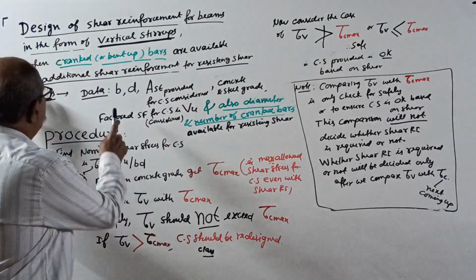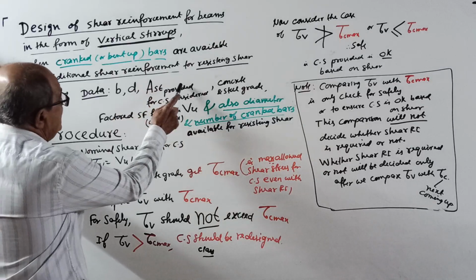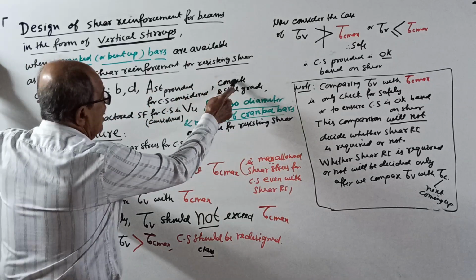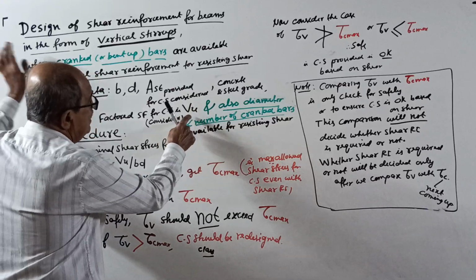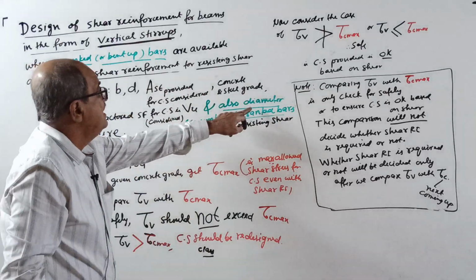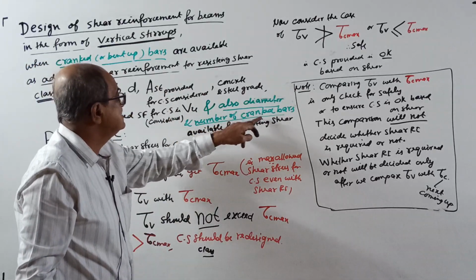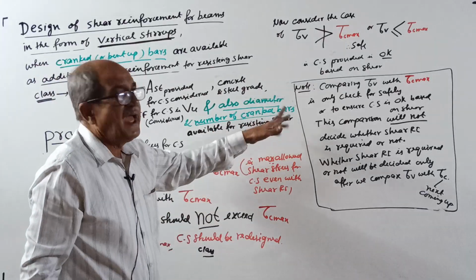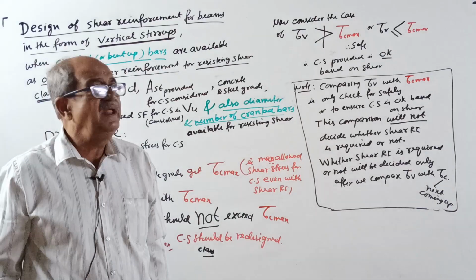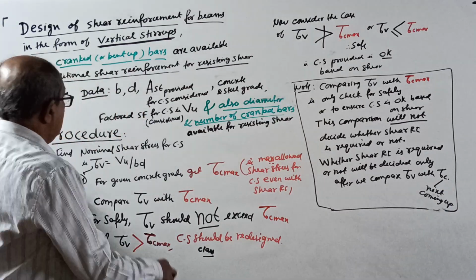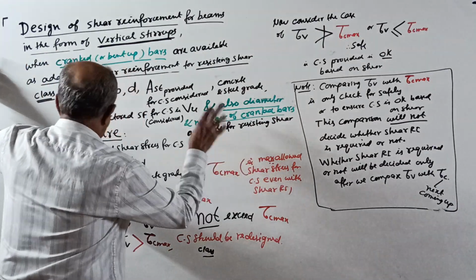Okay. b, d, Ast provided for the cross section, concrete and steel grade, factored shear force for the cross section considered, Vu. Now here extra: diameter and number of bars of cranked bars, also called bent up bars or inclined bars, which are available for resisting shear.